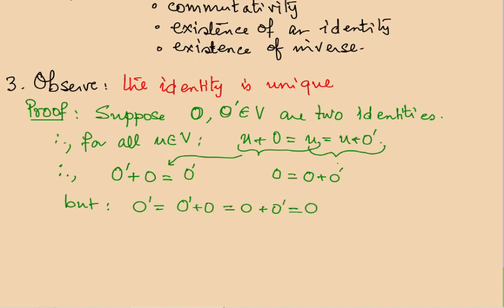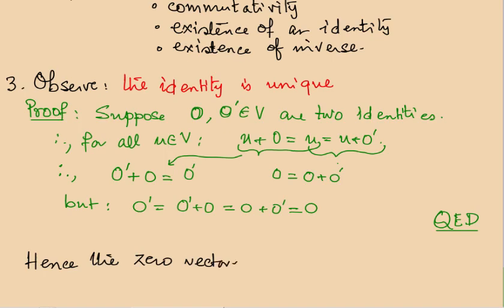So it says 0 prime must be 0. A quick proof. And so it's called, hence, the 0 vector.